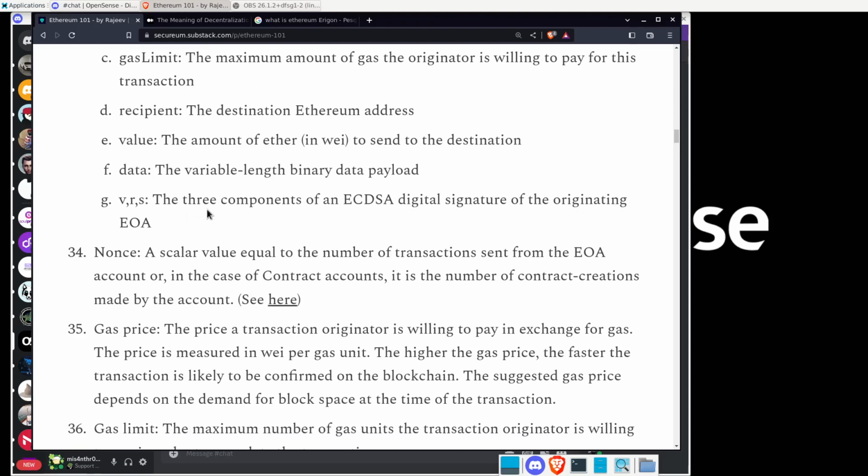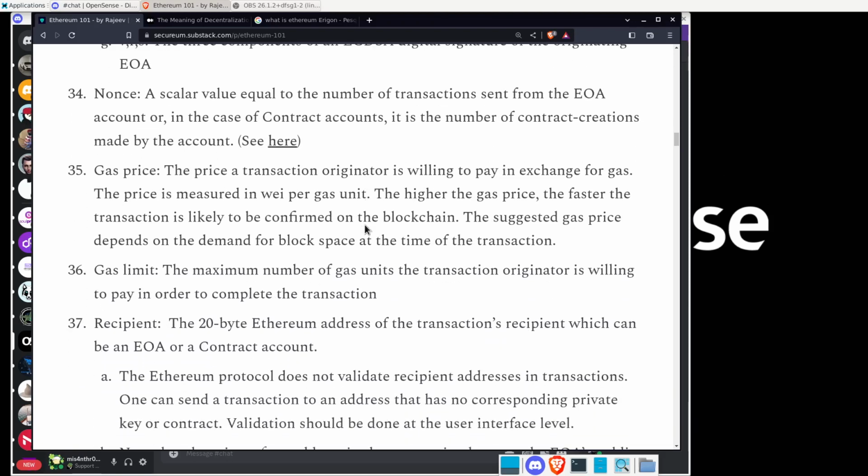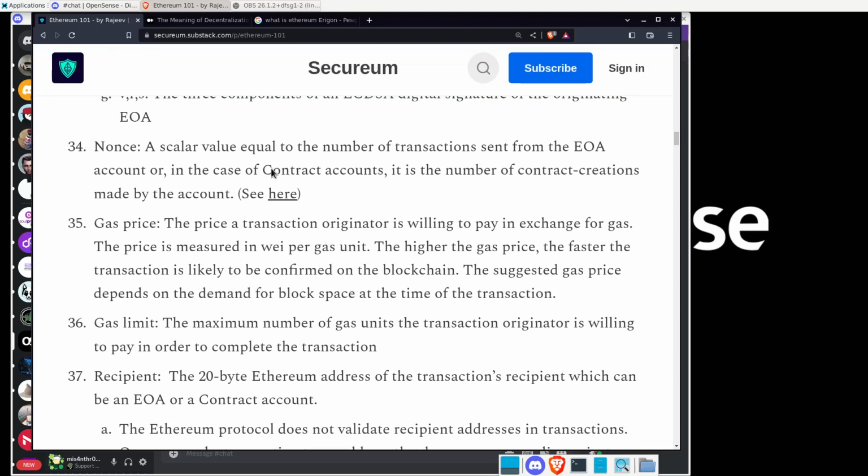VRS, the three components of an ECDSA digital signature of the originating EOA. Nonce, a scalar value equal to the number of transactions sent from the EOA account. In case of a contract account, it is the number of contract creations made by the account. This is a really interesting point.